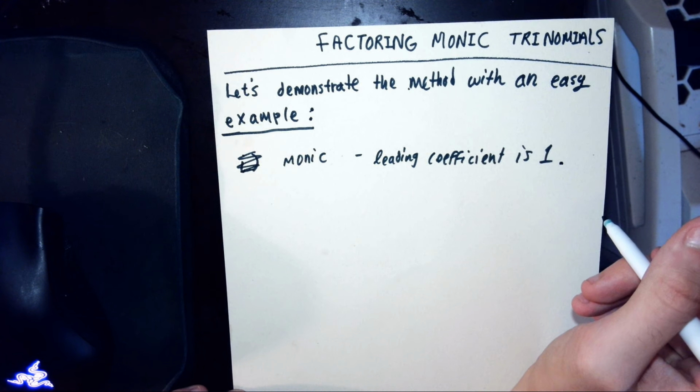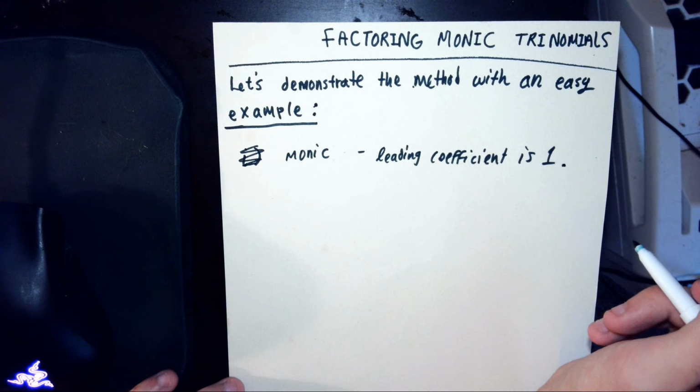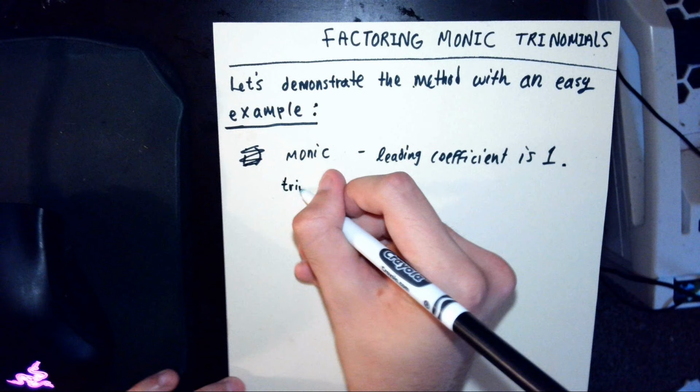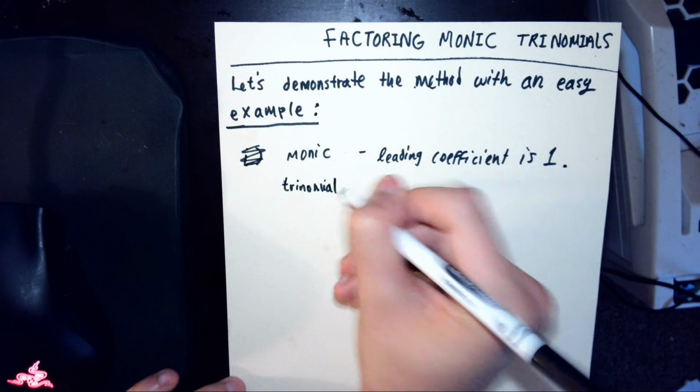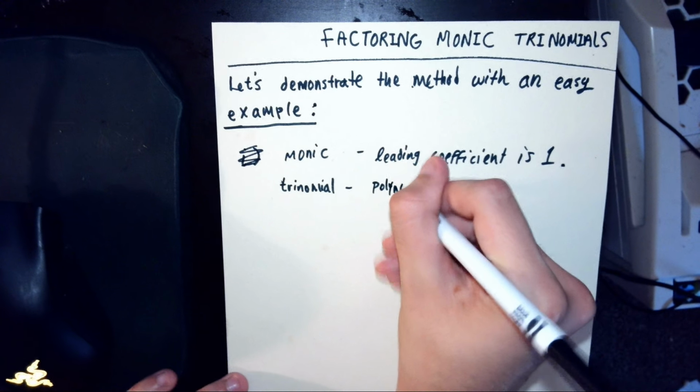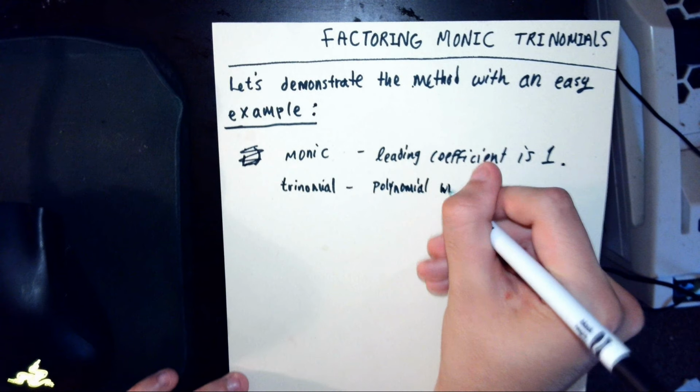So we'll see that more with an example. And then the next bit of terminology is trinomial. A trinomial is a polynomial with 3 terms.